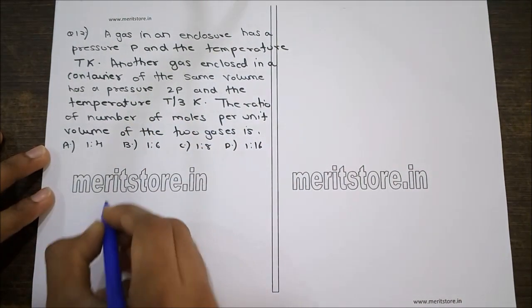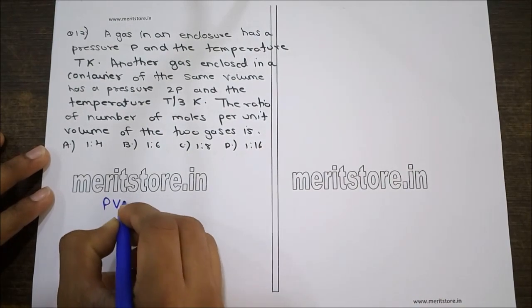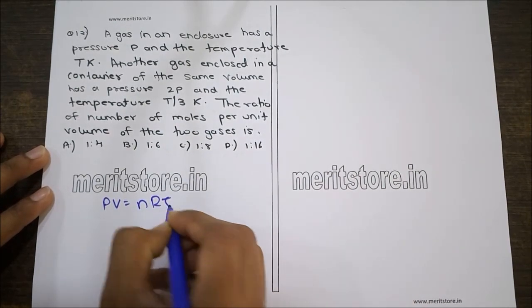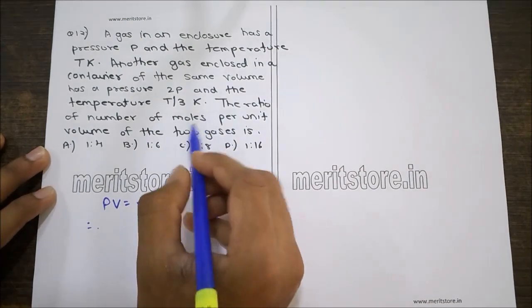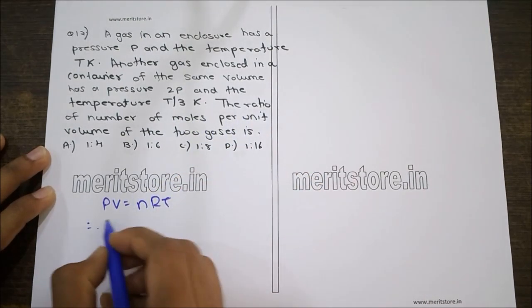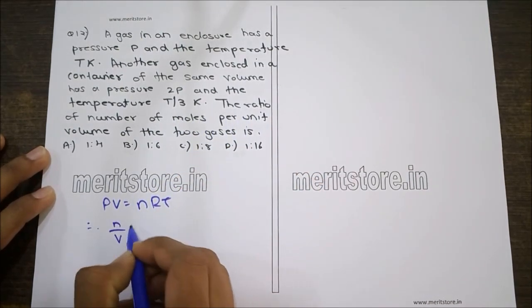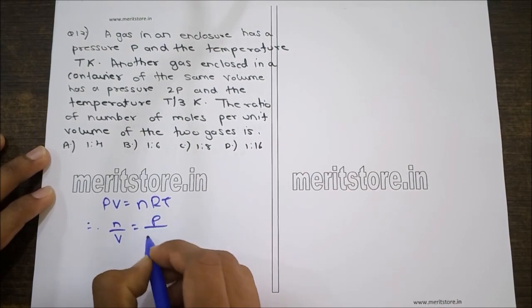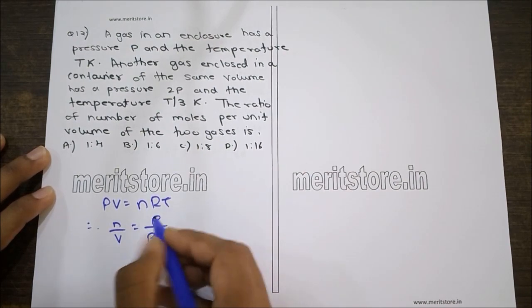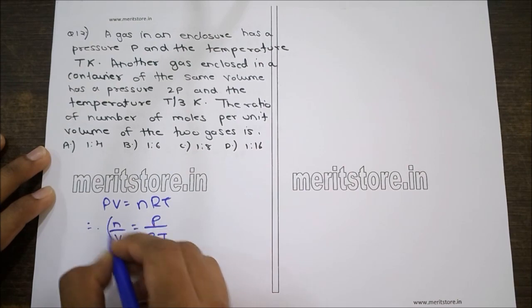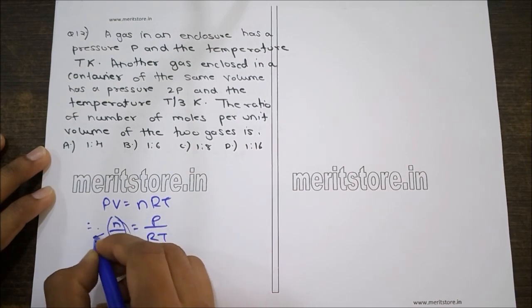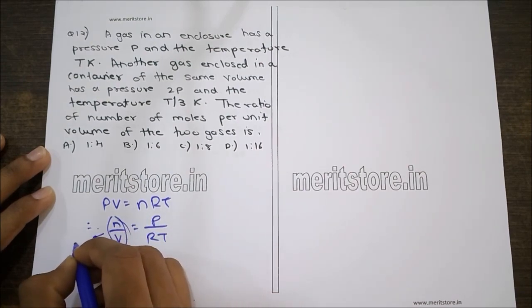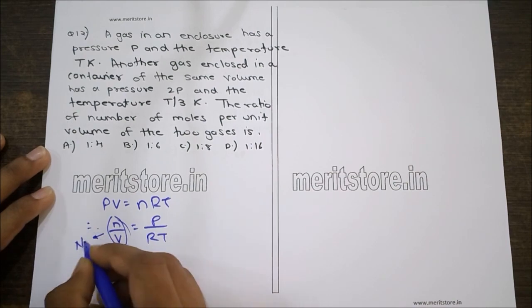So the ideal gas equation is PV equals nRT. So the number of moles per unit volume can be written as n upon V is equal to P upon RT. Let us symbolize this as N1.